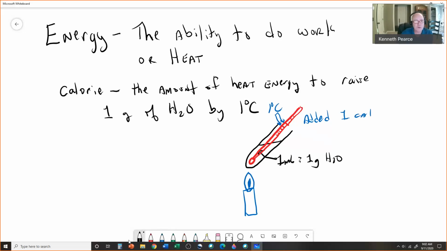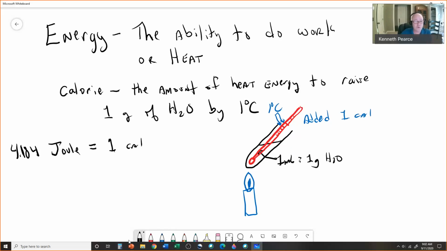Now, the SI unit is something called a joule. 4.184 joules equals 1 calorie, exactly. Now, we're not going to use joules in our calculations, even though the textbook does use joules in some of the calculations, but generally we're going to just stick with calories.